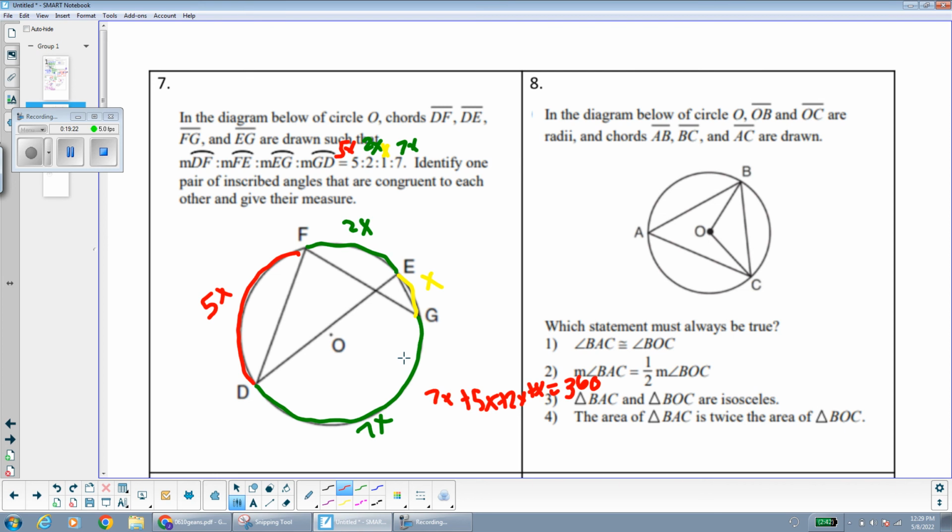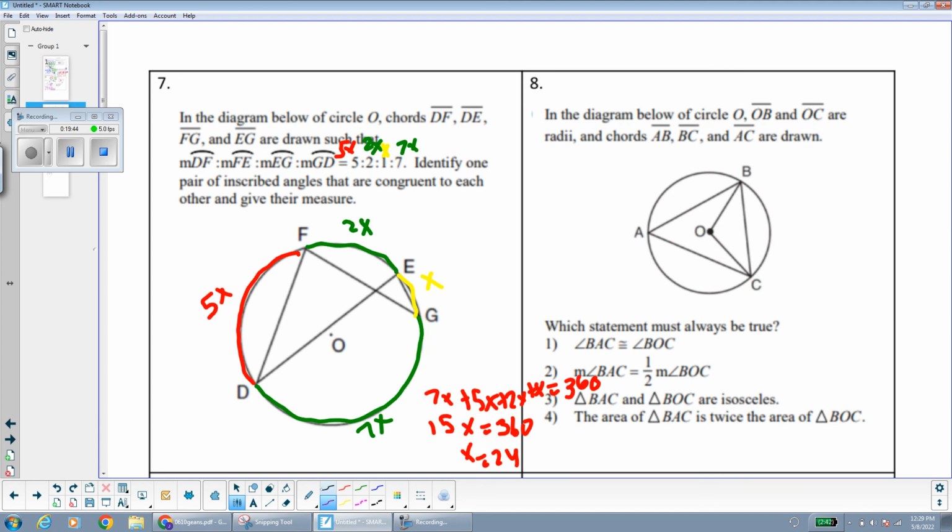Let me really quickly combine my like terms using my calculator. I got 15x is equal to 360. So all we're going to do is 360 divided by 15, and we got x is equal to 24.